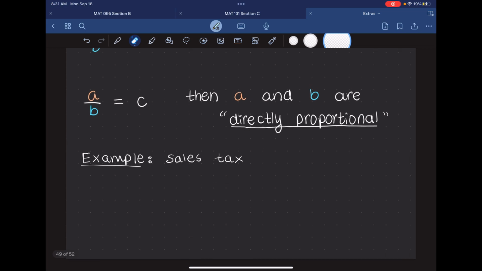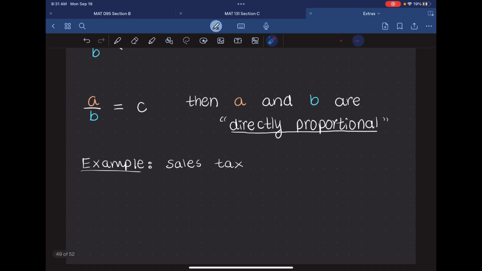Okay, so now if we have the ratio of two numbers, and say we take A to be a variable and B to be a variable, so they represent things. And anytime I take the ratio of the two, say I keep getting this constant C, then the variables A and B are going to be called directly proportional.